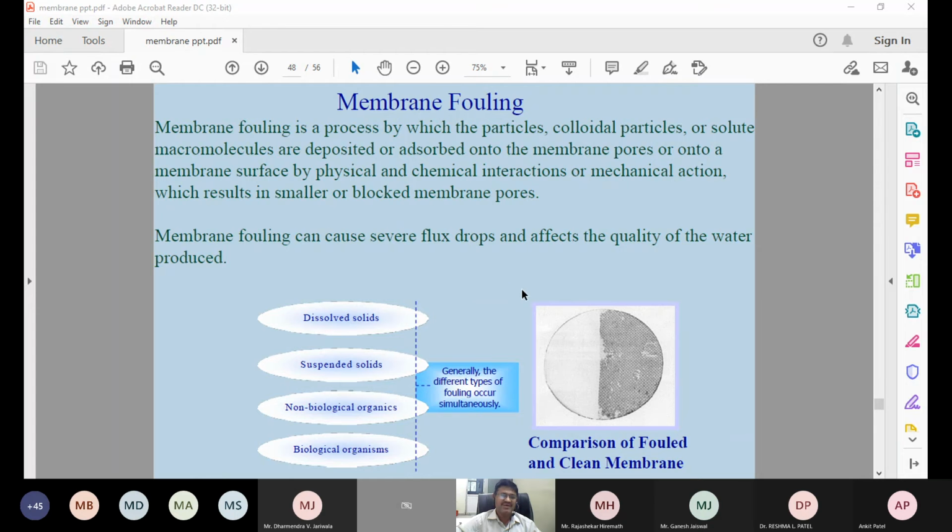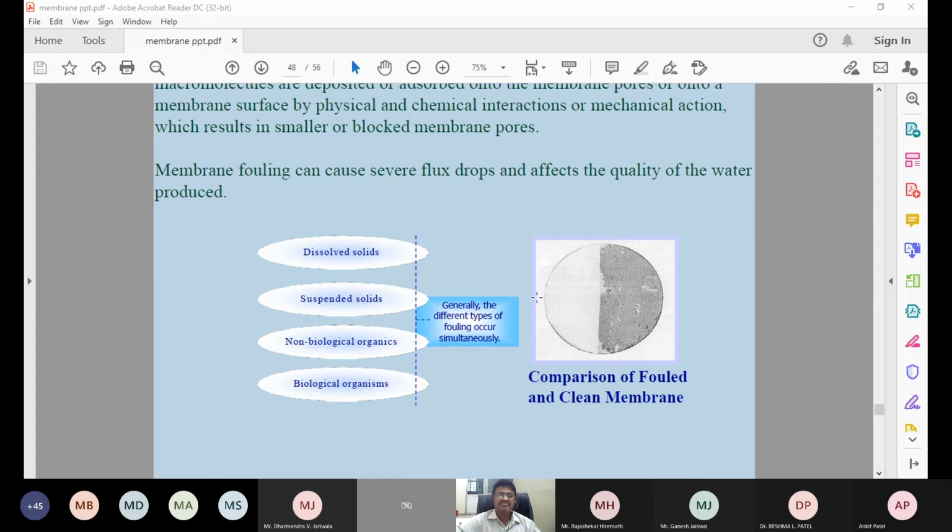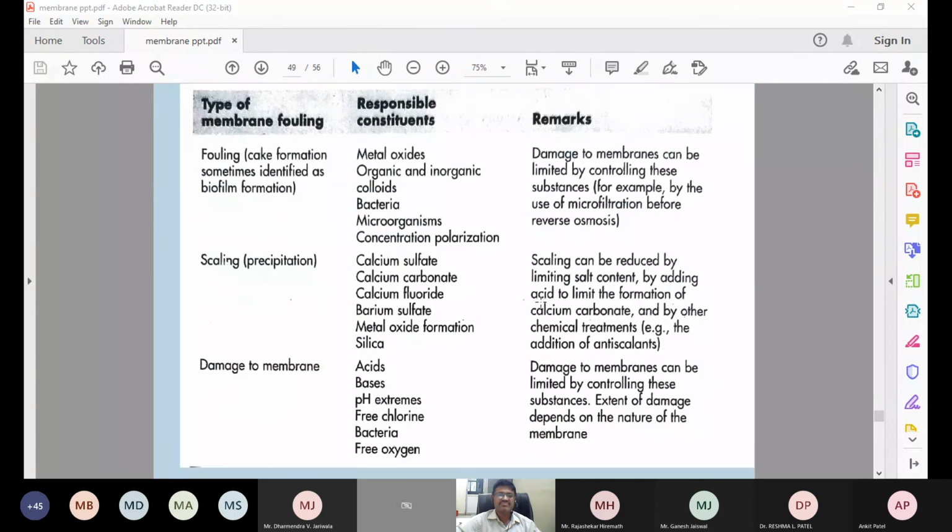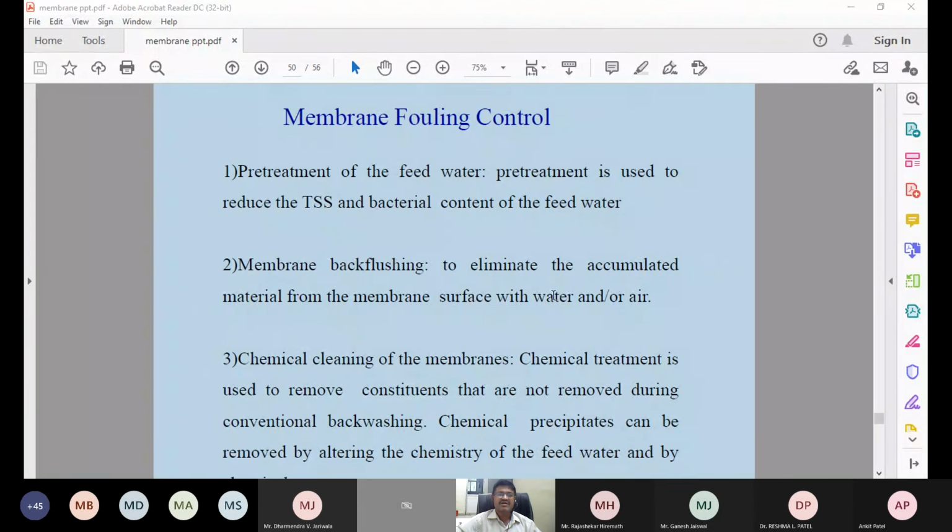So how to prevent this membrane fouling? There are many methods. Either you pre-treat the feed water, which means you decrease the suspended solids. I have told you how to decrease suspended solids: before RO, keep microfiltration or ultrafiltration so that the suspended solids will not come. So you pre-treat your feed water to control membrane fouling.